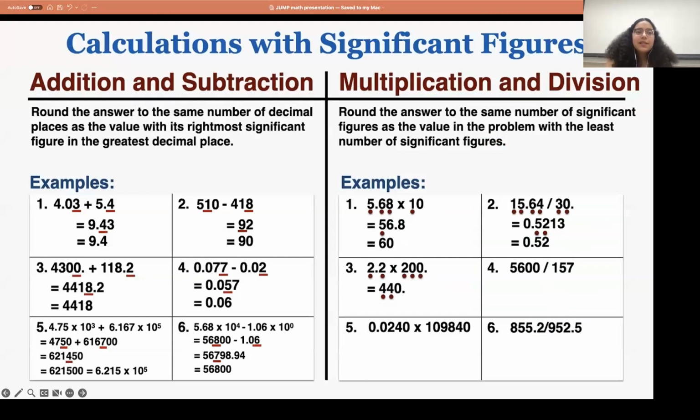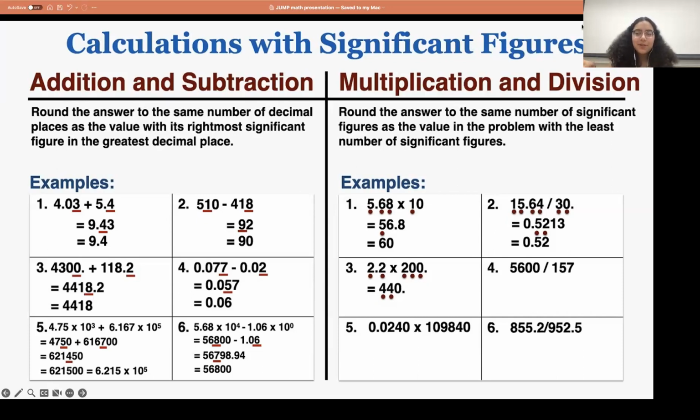So for example 1 for addition and subtraction, the least precise thing you got was the 5.4. That only went up to the tenth, whereas the 4.03 went up to the hundredth. But that means for your answer, you want to round it to the tenth, because it's like saying it's 5.4 something, because you don't actually have that digit, and 4.03.